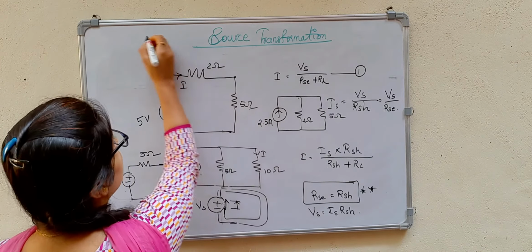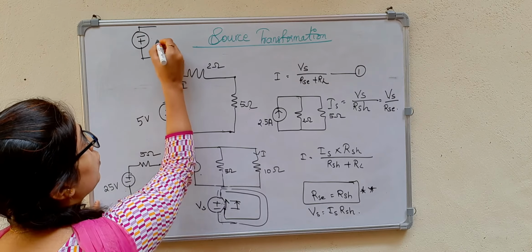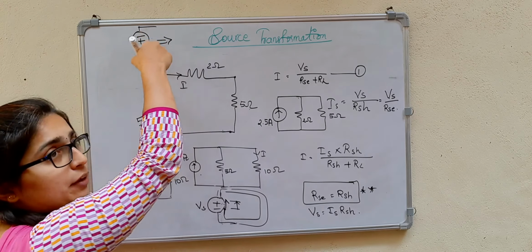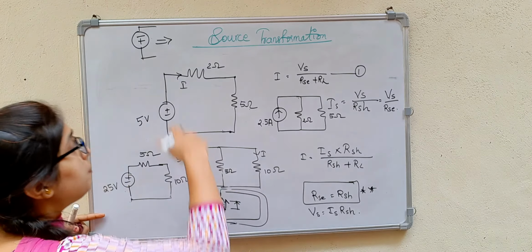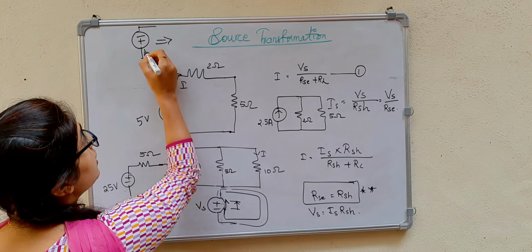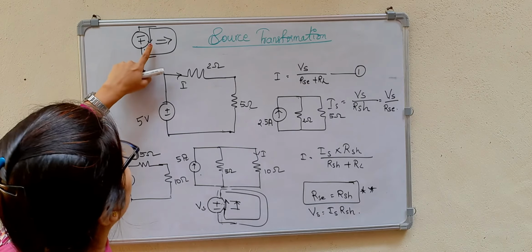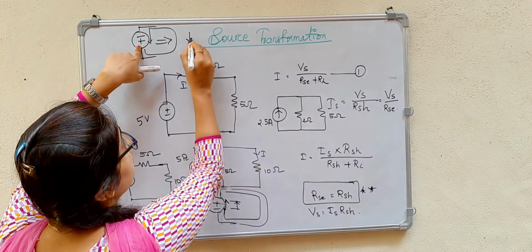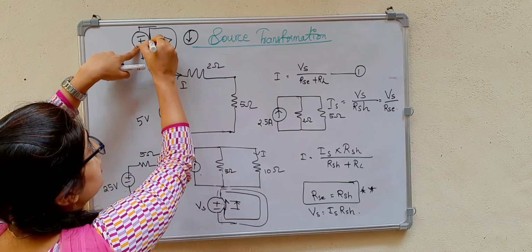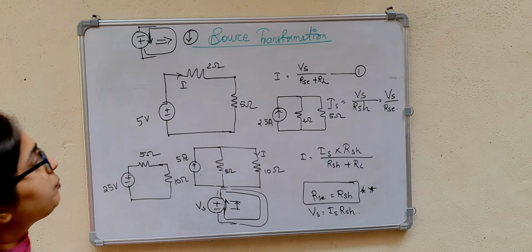But if you have it like this in your circuit, then how are you going to convert this? It will be from negative to positive, which is internal to the source, right? So the current here is flowing from this side. That means you can see now the top of the arrow is also pointing plus only, but the direction will be this. It is negative to positive.